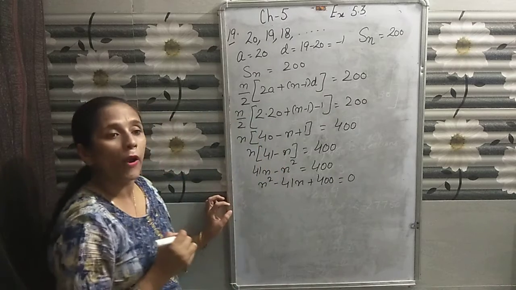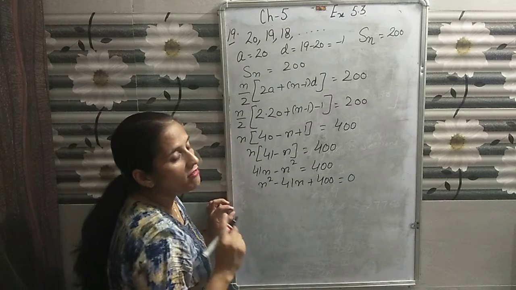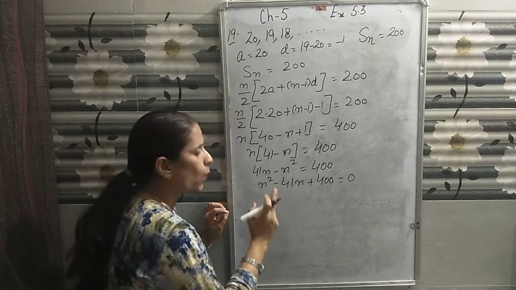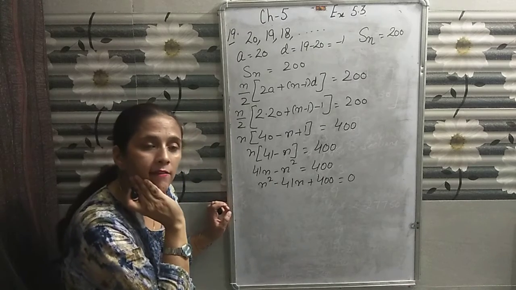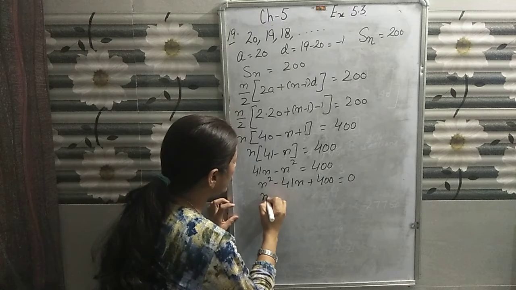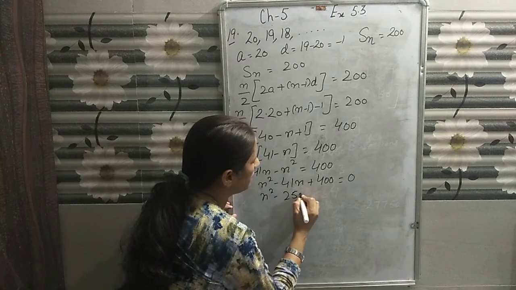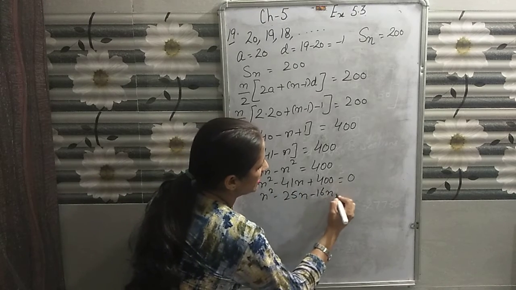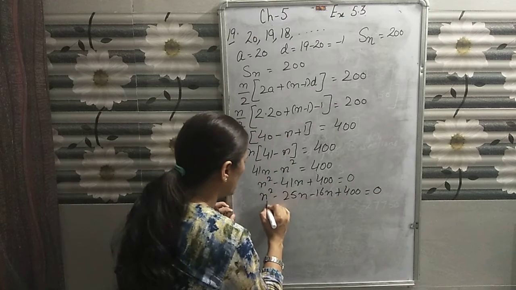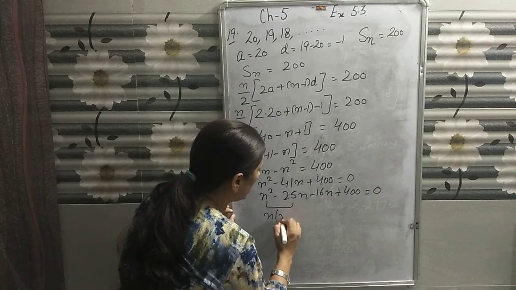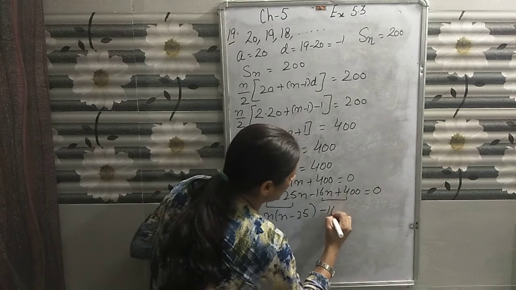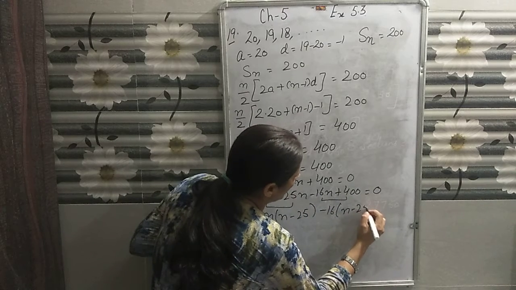Now you are having a quadratic equation and you can easily find the answer of this quadratic equation by the factorization method, that is by splitting the middle term. So n square minus 25n minus 16n plus 400 is equal to 0. So from here n is common, n minus 25. From here 16 is common, n minus 25.